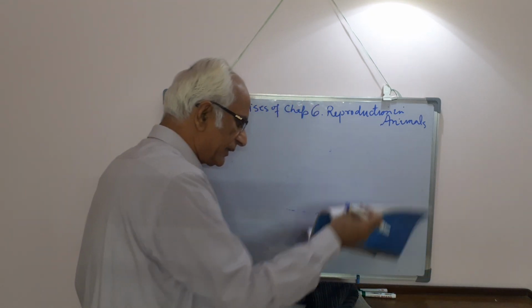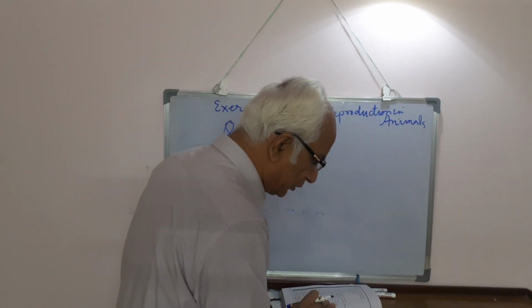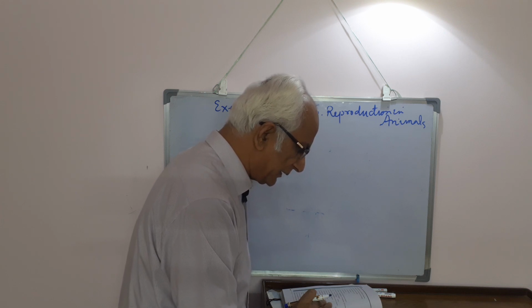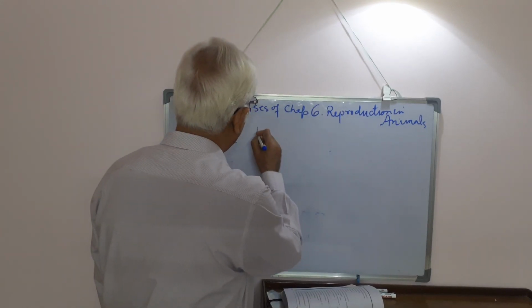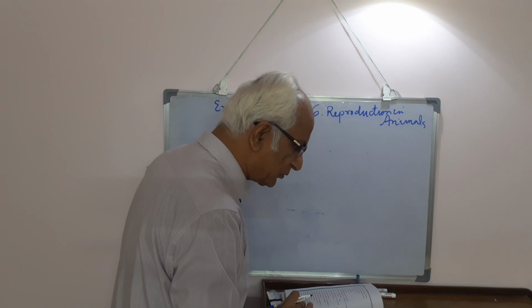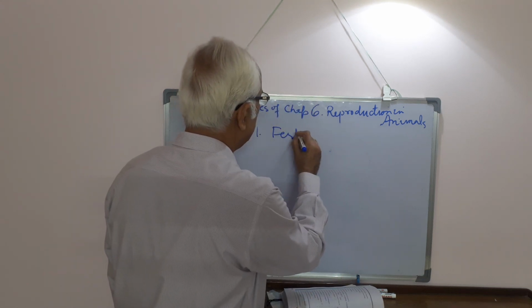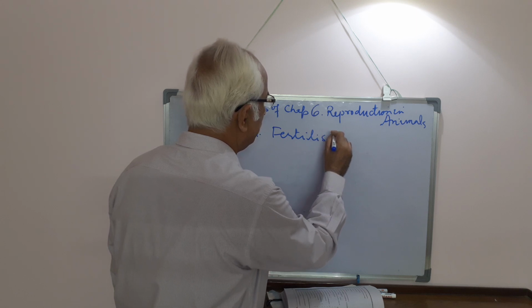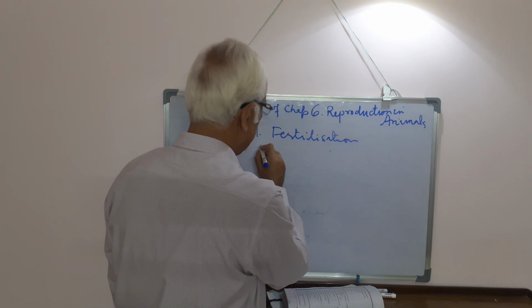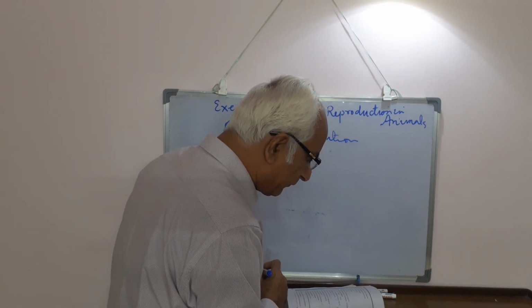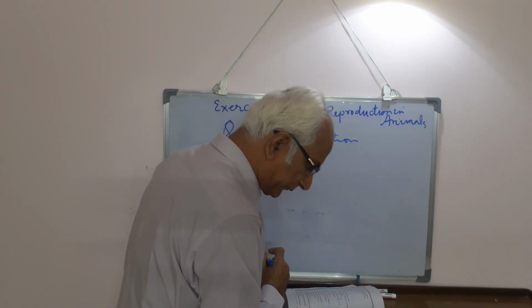There it is basically a crossword. You have to give the words for sentences given there. So one is process of fusion of the gametes is called fertilization. So first answer is fertilization. Then 6. Type of fertilization in hen.